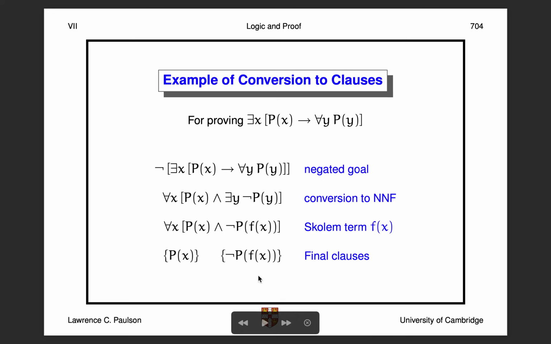Over here, again implicitly universal, and incidentally, because it has implicitly a universal quantifier, that also means this is a local scope, so I could rename this x to y if I was worried about getting into a clash with that x over there. This clause here is saying for all x, p of f of x is false.